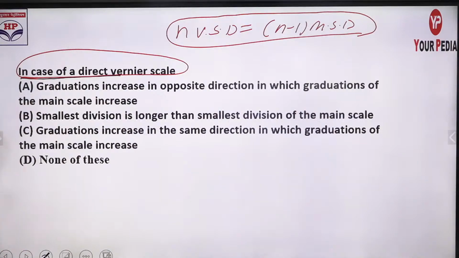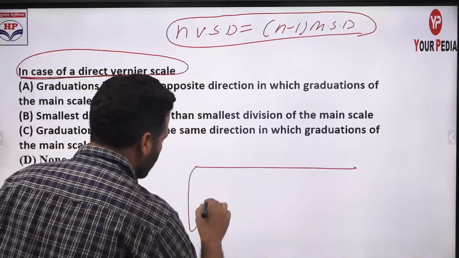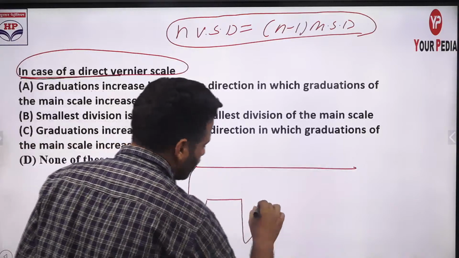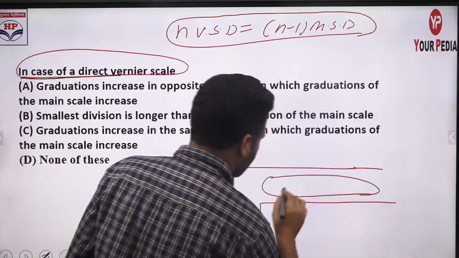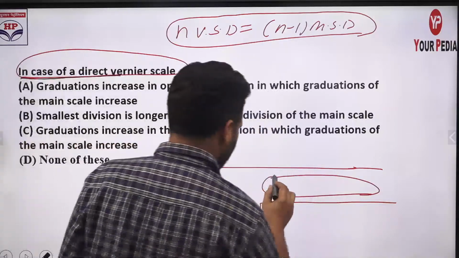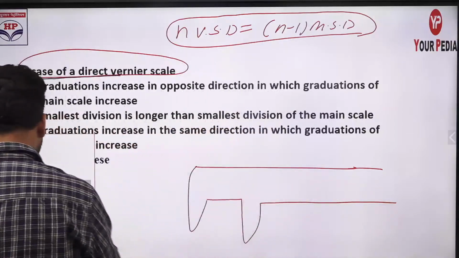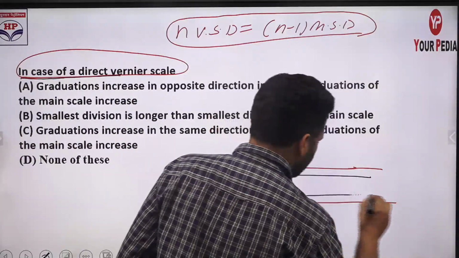So in which direction? Although I am not good at drawing, let me try. We have a vernier like this. This is the main scale, and I will draw the vernier in black.